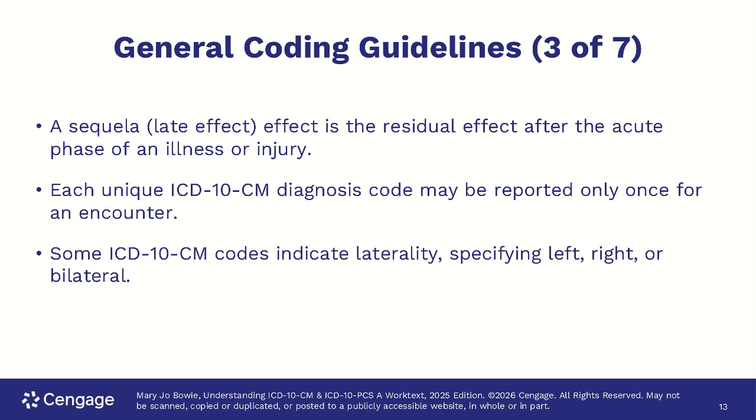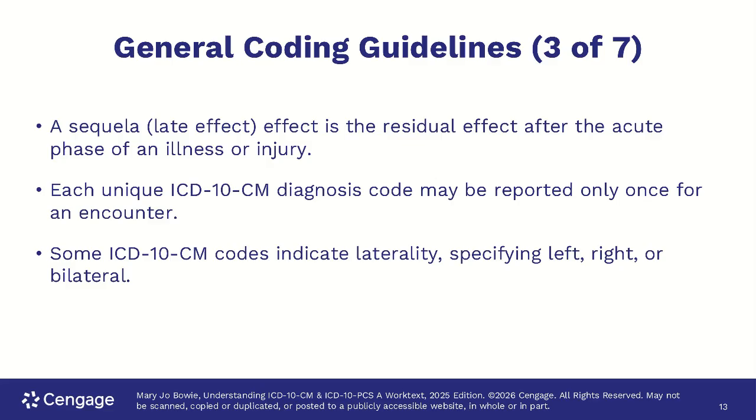All right, next up, guidelines for sequela. Sequela is something that happens after an acute phase of an illness or injury has ended. So, one example: in 1989, when I was working at McDonald's, I put a fry basket on my arm and I had a burn.